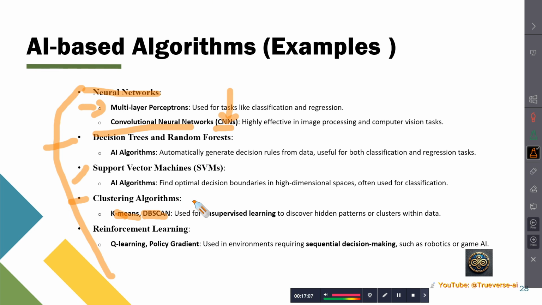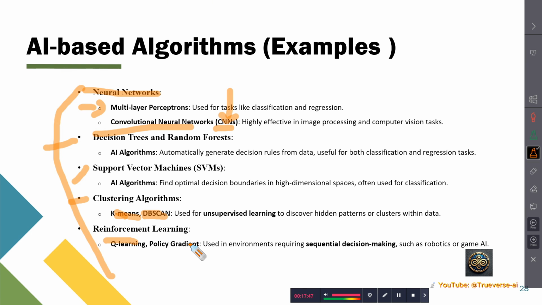So reinforcement learning is very important. Q-learning is the famous one, policy gradient another one. These algorithms are generally used in environments that require sequential decision making, such as robotics or game AI. They allow an agent to learn by interacting with its environment and receiving feedback in the form of rewards or penalties.